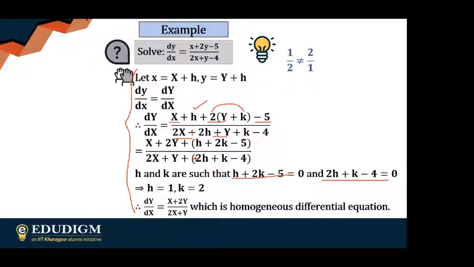Understand the basic algorithm here, as well as the calculations and the logic of why we are applying this substitution, what the condition is, and why I need the condition. Make sure you check that, and let me know in case you have any trouble. Now that I have got a homogeneous differential equation, I already know how to solve it. So let's go ahead and solve that.